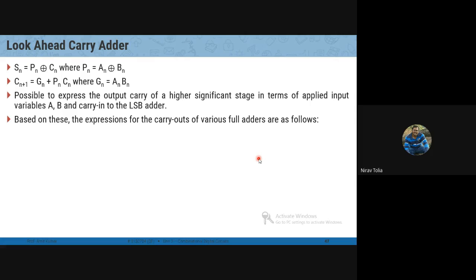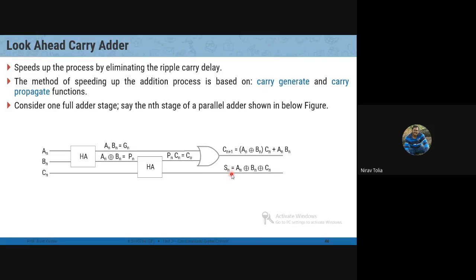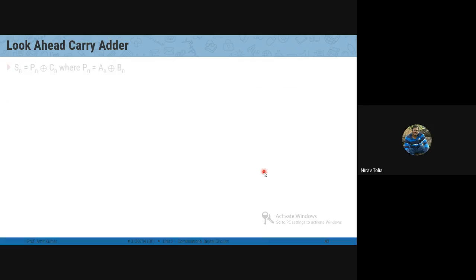Okay, from the figure, what are you getting? Here, An exclusive OR Bn, we denote by Pn. And Pn we are adding with Cn. So instead of An, Bn, and Cn, we can write Pn plus Cn, where Pn is An XOR Bn.